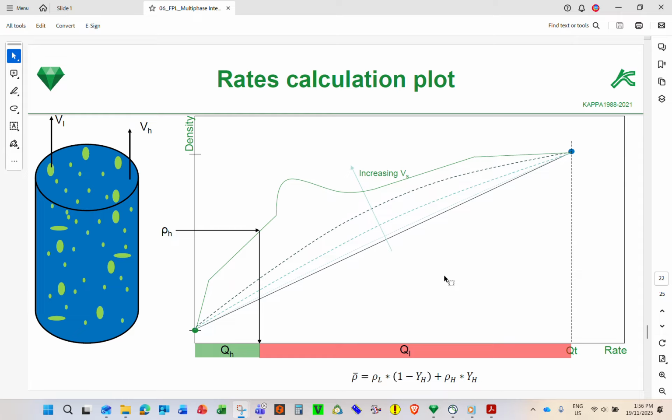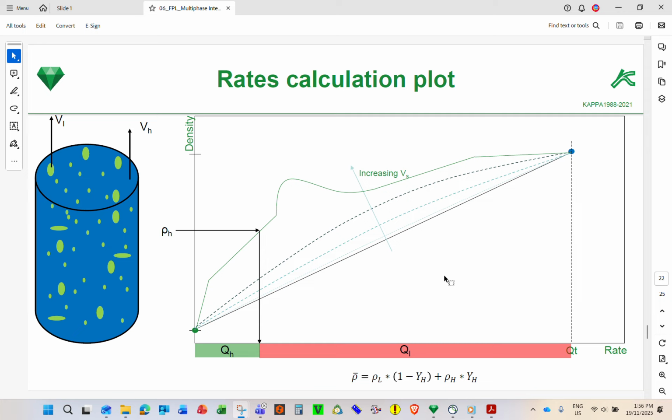So, for example, this is the holdup heavy, starting from 0, and this is Q heavy. For example, no holdup heavy, so it's all light phase. It's 0. The maximum holdup heavy is 1.